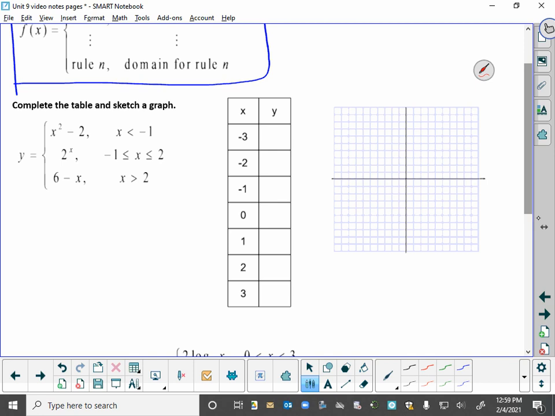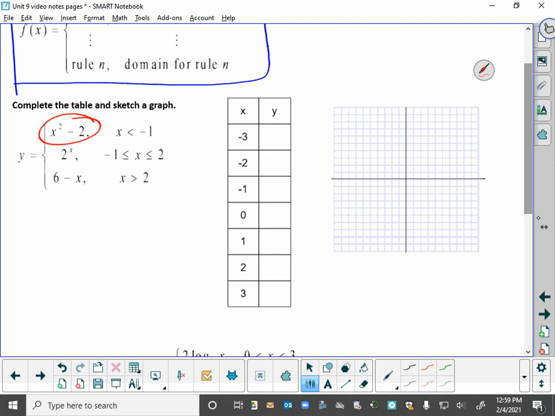So I'm at -3. This one right here, this says this rule is only good if your x value is bigger than 2. Well, -3 is not bigger than 2. This one says this rule is only good if your x value is between -1 and 2. Mine is not. Mine is definitely smaller than -1. So the -3, the only place it has to go is into this one.